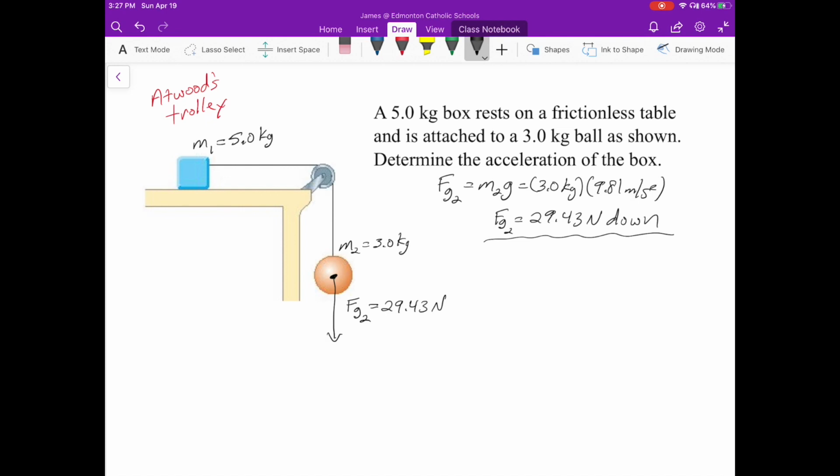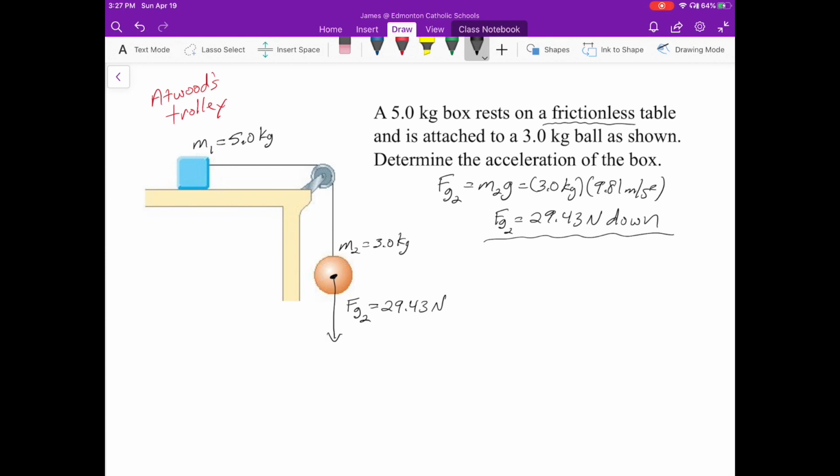So this is the force that pulls mass 2 down, and it is also the same force that pulls mass 1 to the right. Notice it says in the problem that it is a frictionless table, so there are no other forces acting on this system.